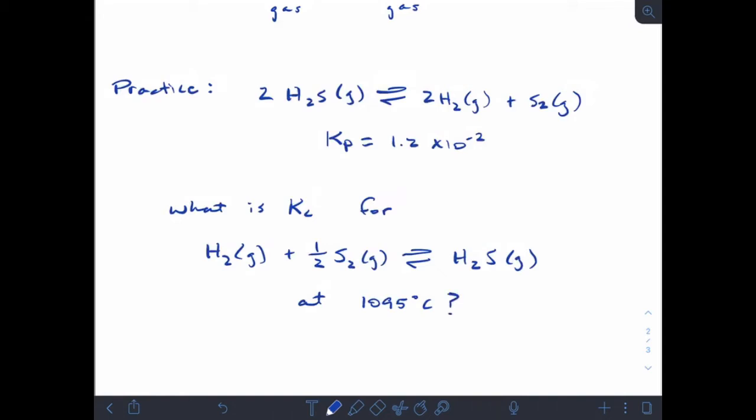We're given the initial equation, 2H2S in equilibrium with 2H2 and S2 gas, and the value of Kp for that. The question wants to know what is Kc for the following equation at a given temperature. The easiest way to do this is to first find Kp for the new reaction.